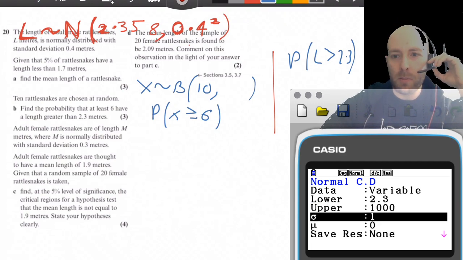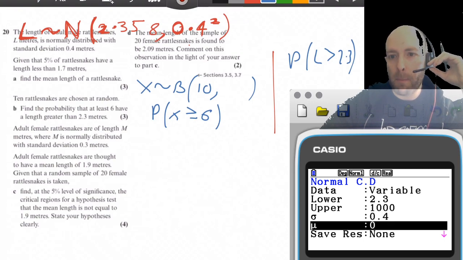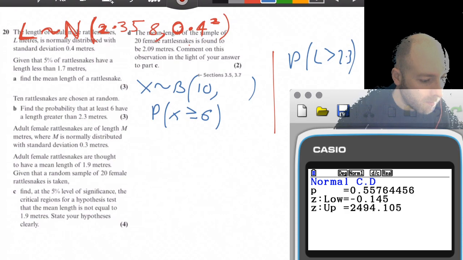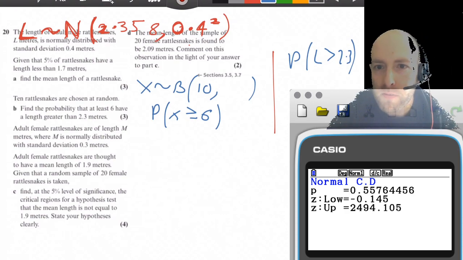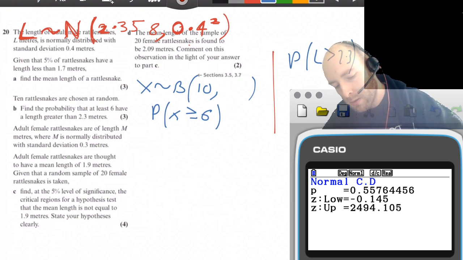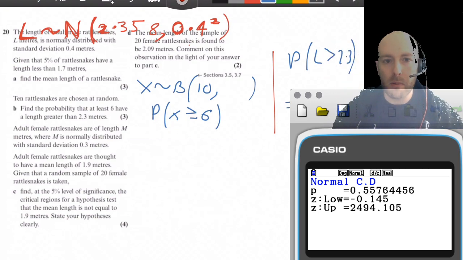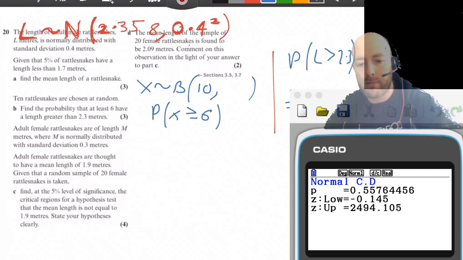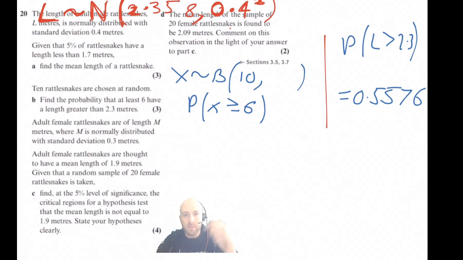Sigma is 0.4 and mu is 2.358. So we get 0.5576. So that is our probability for this bit. Let's write that in, 0.5576.